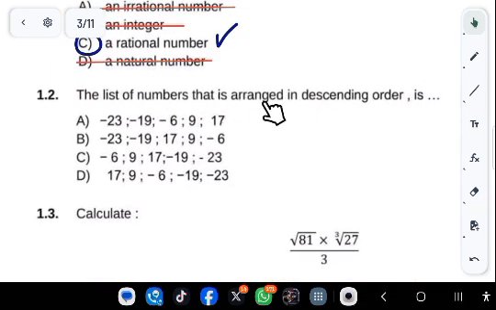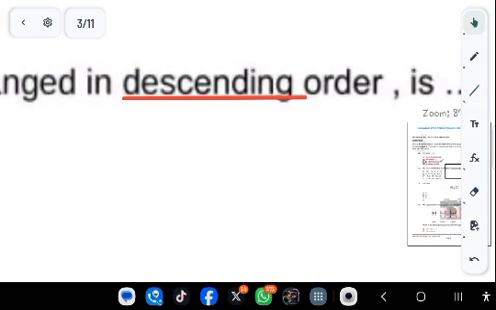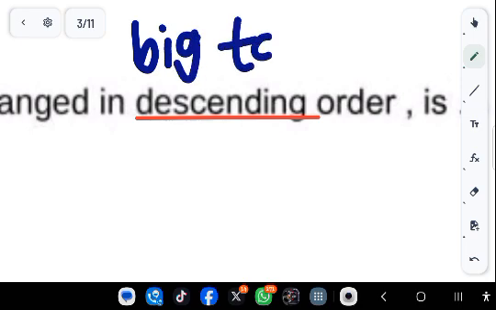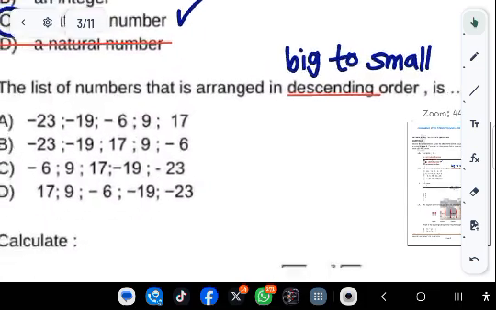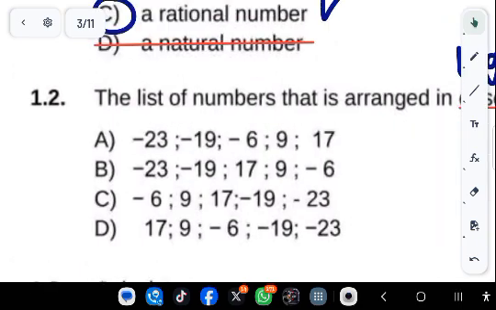1.2. The list of numbers that is arranged in descending order. Descending means you go from big to small. That's what descending means, big to small. So let's look at the first option.